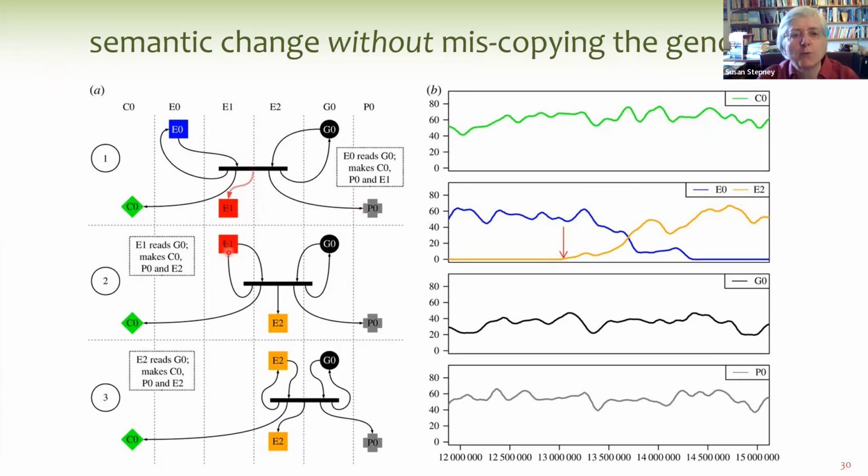That mutant expressor binds to the original genome, produces yet another mutant, but that final mutant has stabilized and baked in. And so here we start out, we never changed the genome, but what's getting expressed has changed. And so we say that's a semantic change. This genome hasn't ever been changed, but what it expresses has been changed.